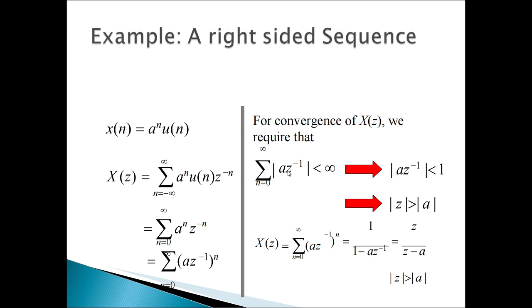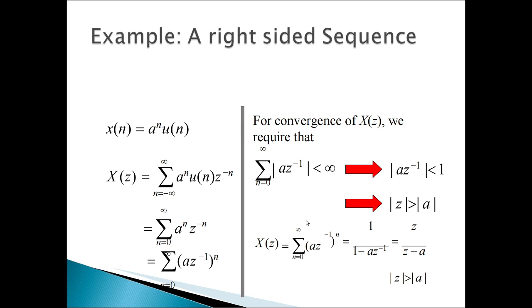The final condition is that modulus of a z to the power of minus 1 must be less than 1. That means z must be greater than a.